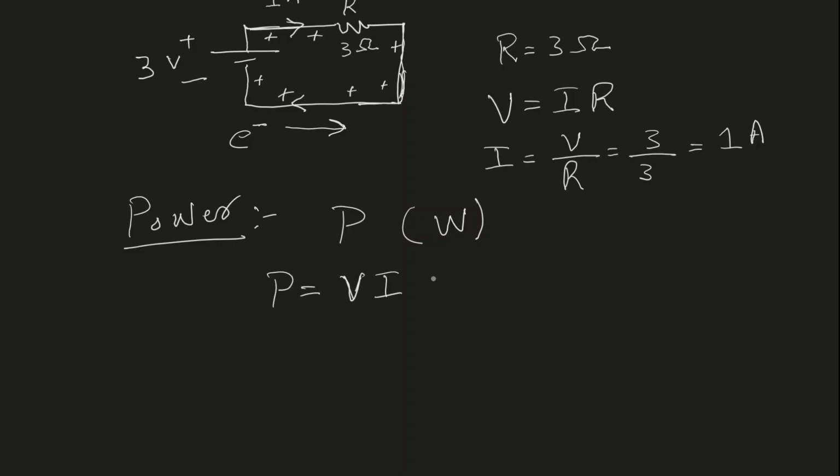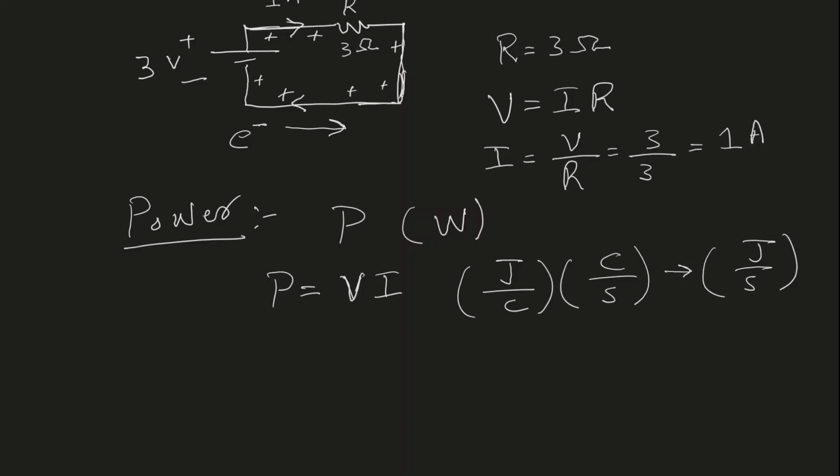Okay. So if I consider the units of voltage, as we said, it's work per unit charge. So therefore, the units are joules per coulomb, and the units of current are coulomb per second. So therefore, the units of power are joules per second.